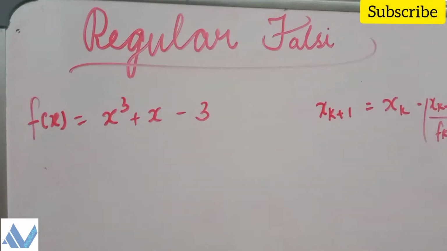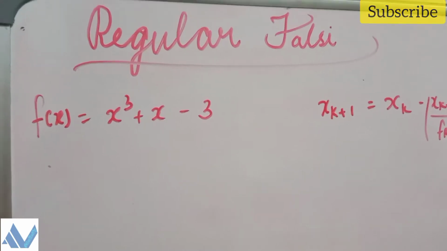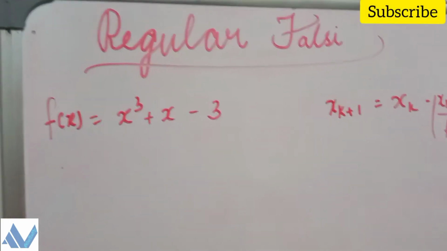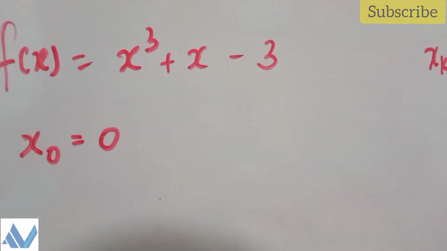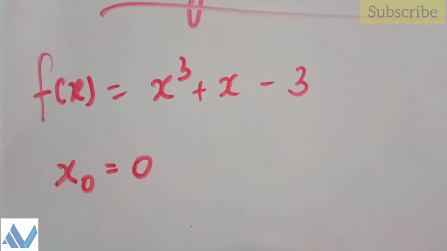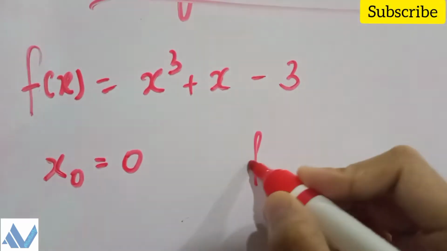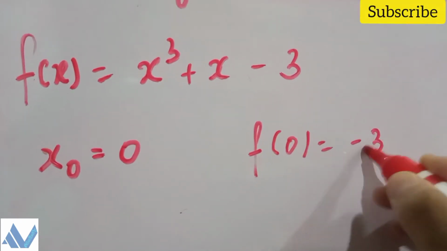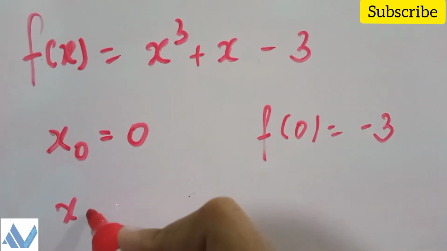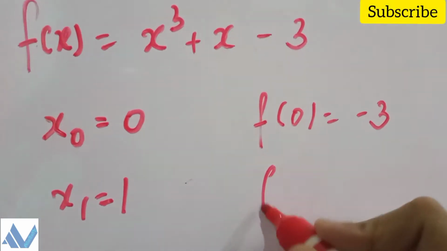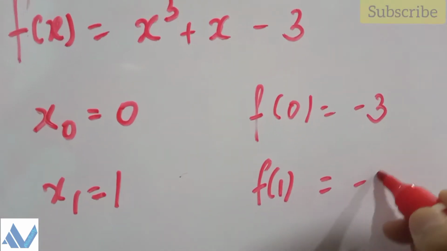So, in the regula falsi method, we find the roots by substituting 0, 1 and 2 in the equation. So, let's start. x0 is equal to 0. When we substitute in the equation, we get f of 0 is equal to minus 3. When we substitute x1, which is equal to 1, we get f of 1 is equal to minus 1.